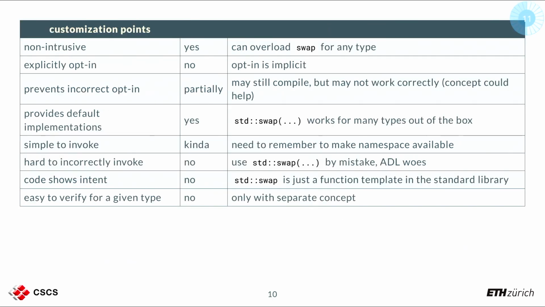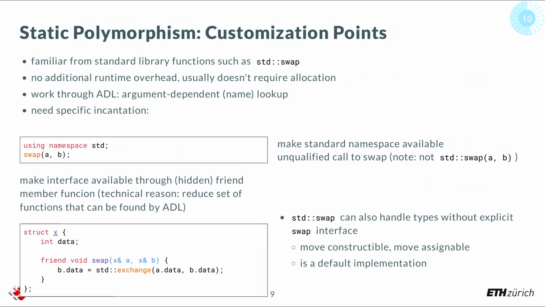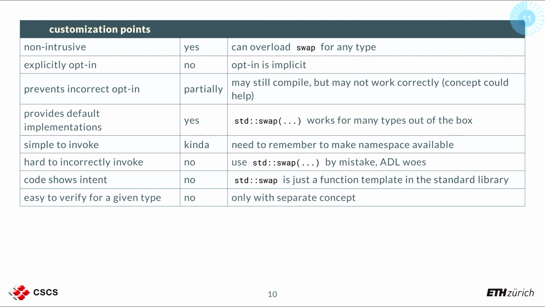So that's also why here in our table it is not explicit, because you can write the swap function, which is explicit, but if you don't write it, you might still be able to use this mechanism. So it's implicit, but it is non-intrusive. It partially prevents incorrect opt-in.